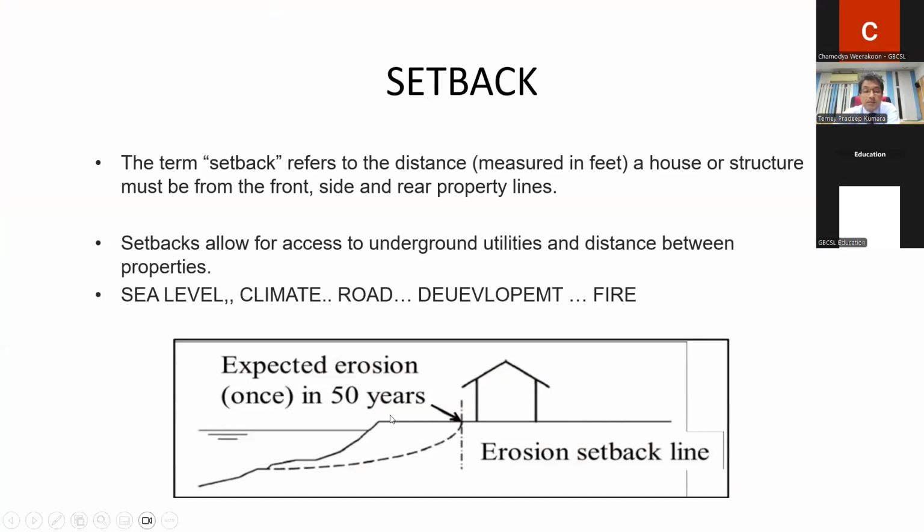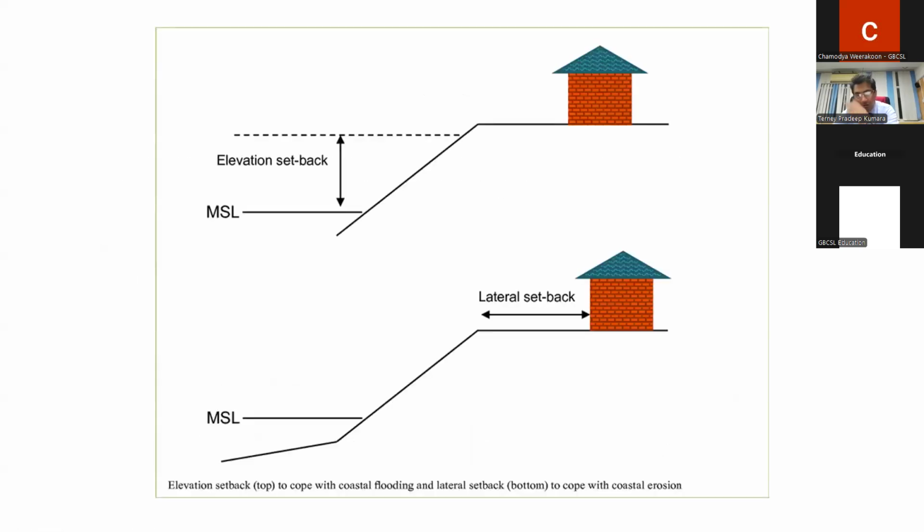So here this is the coastline, but in the future with sea level rise, we can expect the coastline to expand towards the land side, right? So sea level, climate and development also can impact it. And there are two sorts of setbacks: vertical and horizontal setback.